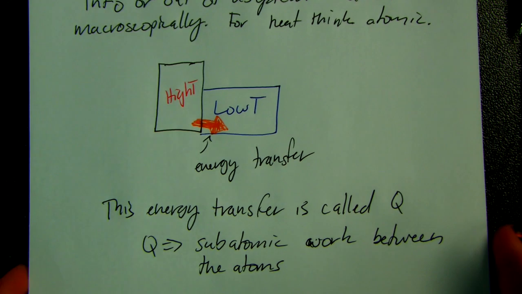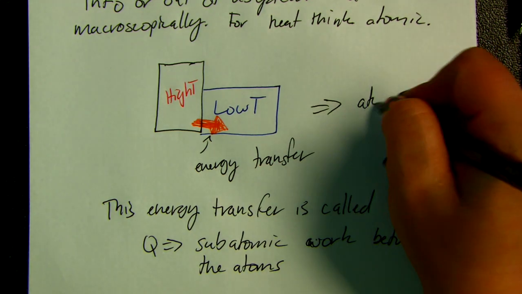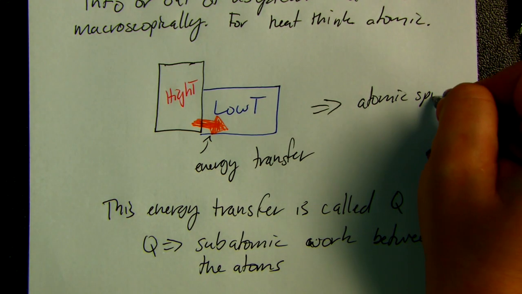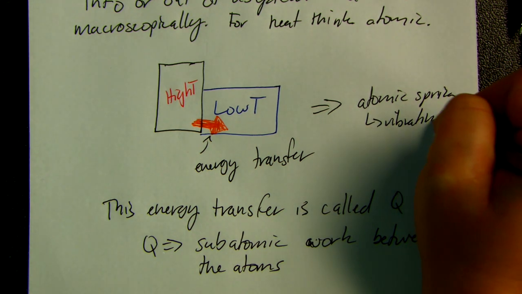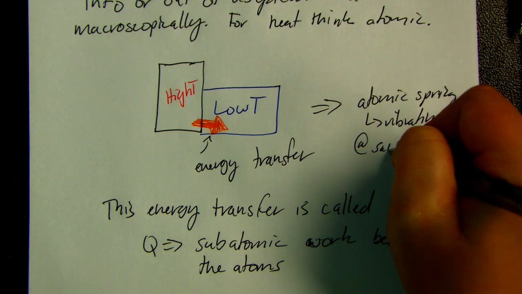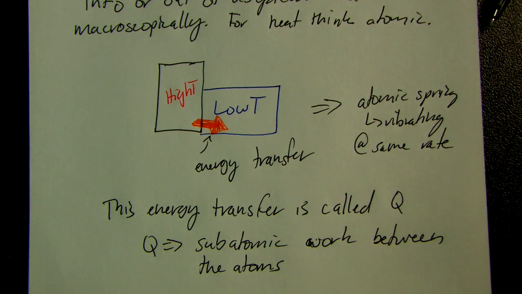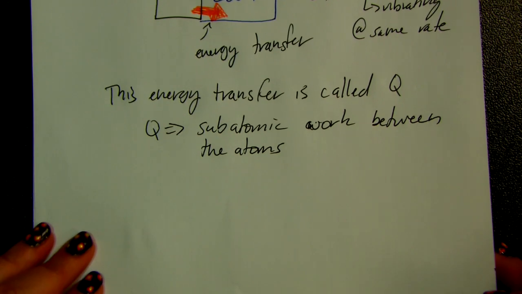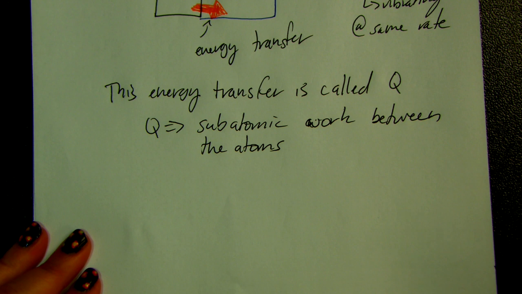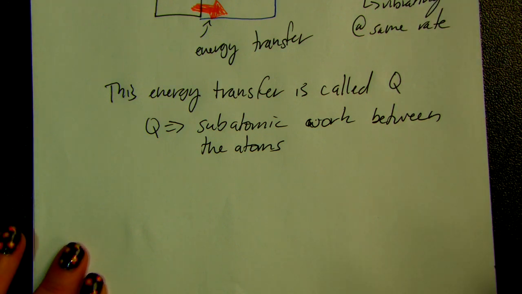So in this case, we know that they're going to reach equilibrium, and in that case, the atomic springs are vibrating at the same-ish rate. To really go after this, we need to do a little bit more thermodynamics and statistical mechanics, which is a way awesome field to study. So it is something to look forward to.